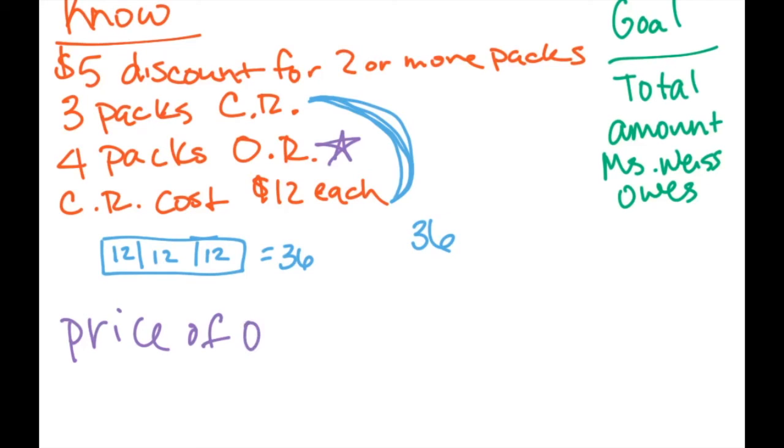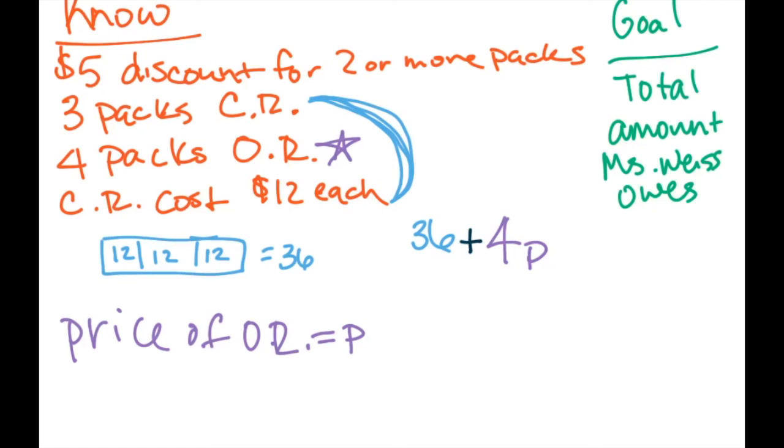So the price of the orange rolls, I'm going to represent with the variable P. And I've got 4 packs of orange rolls, so I'm going to say 4 times P. So far, I've got $36 for the cinnamon rolls and 4P for the orange rolls. And the total of those would be added together.